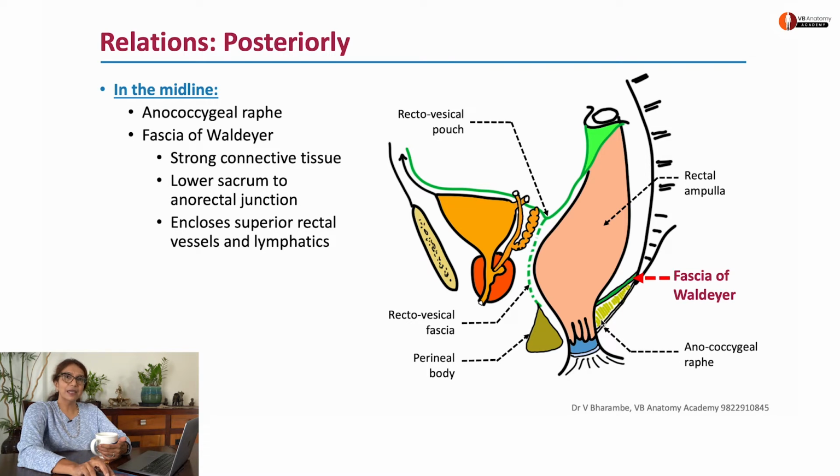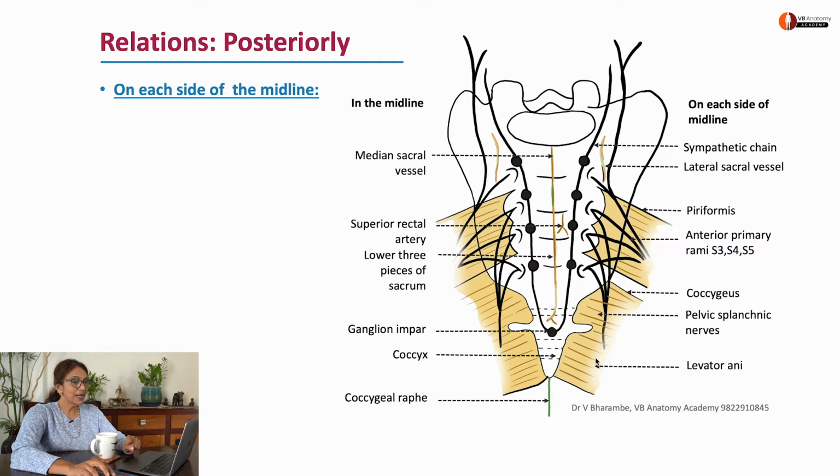It's a dense connective tissue through which pass your superior rectal vessels, connecting the lower part of the sacrum to the anorectal junction. On the side, the rectum will be related to muscles like piriformis, coccygeus, levator ani, some blood vessels like lateral sacral, and important nerves, the sympathetic chain and the pelvic splanchnic nerves, which finally come and supply the rectum as well as the anal canal.